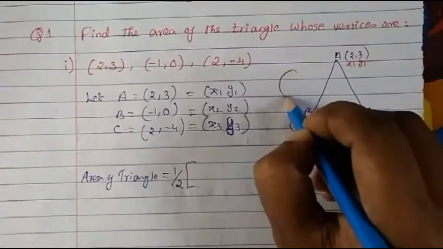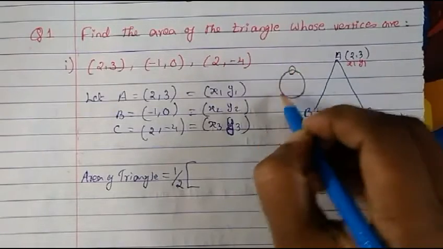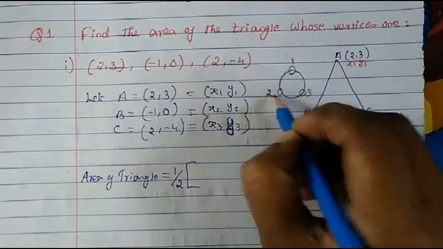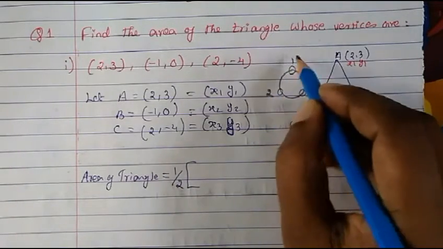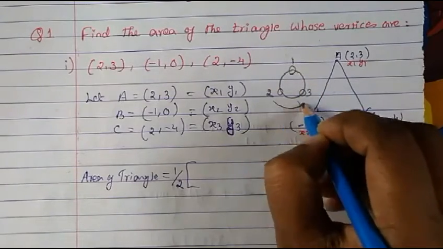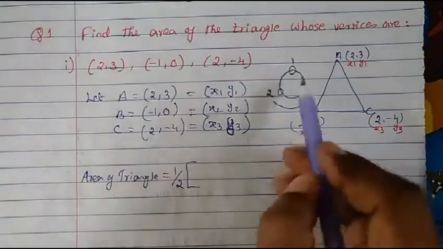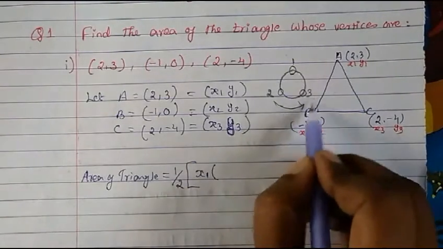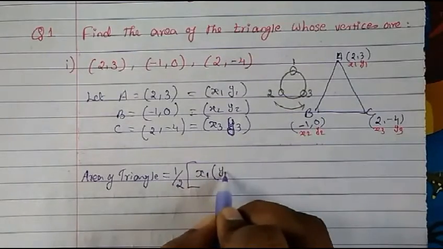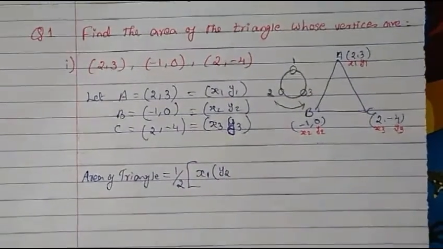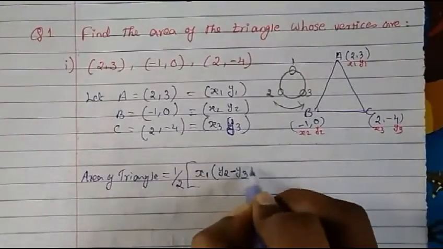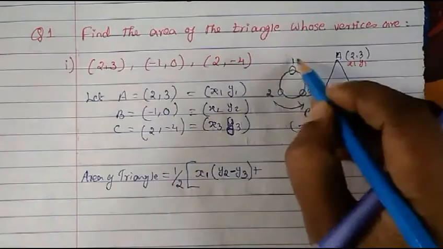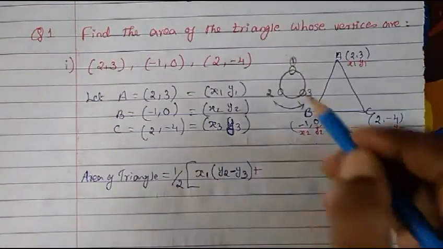First when we take 1, our arrow will be in this direction. So when we take 1, that means x1, and in the bracket the arrow is in this direction, so y2 minus y3. Plus.